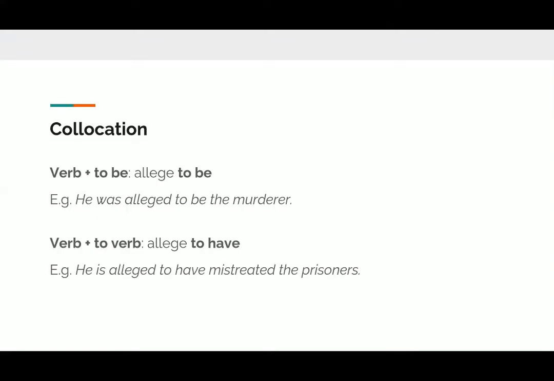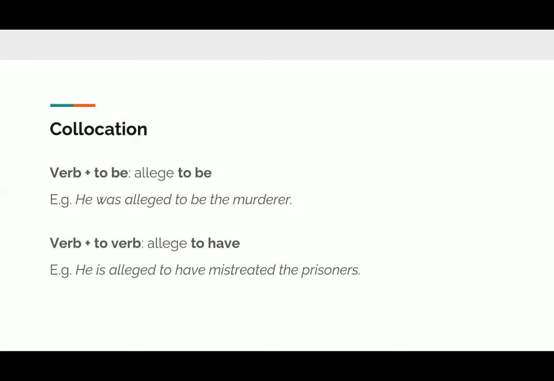Here are 2 common collocations of the verb allege. First is verb plus to be. So alleged to be. He was alleged to be the murderer. It's actually he was claimed to be the murderer, but there's no proof to prove that he committed the murder.